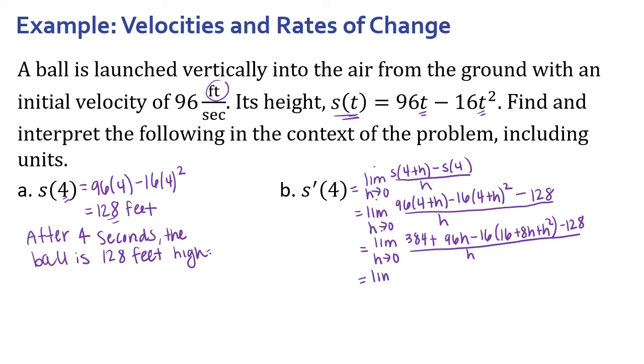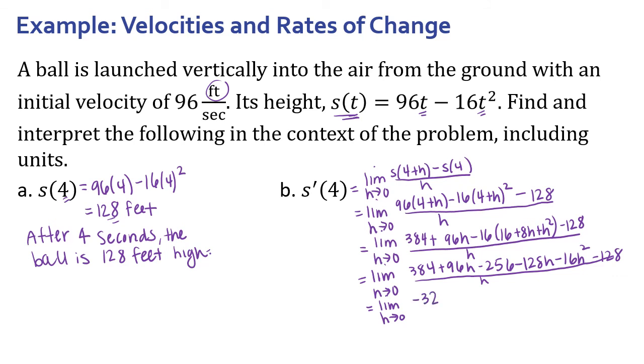So that gives me the limit as h approaches 0 of 384 plus 96h minus 256 minus 128h minus 16h squared minus 128, all over h. Holy moly. All right, when I go through and simplify this, you're going to be left with the limit as h approaches 0 of negative 32h minus 16h squared, all over h.